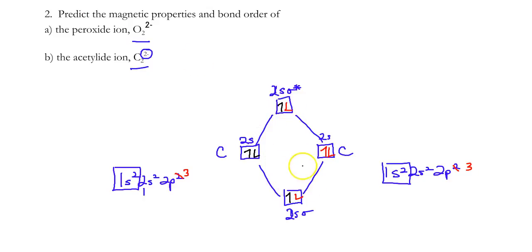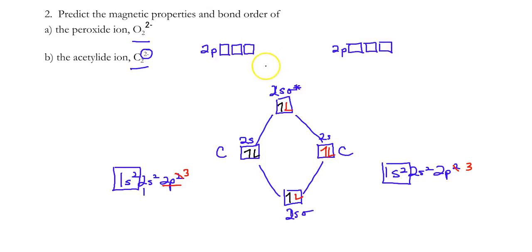So what do I have left, party people? Well, I have 2p. Now when I draw this one, this will be 2p. And remember, there are 3 orbitals. And this will be 2p for the other carbon. And these are atomic orbitals.